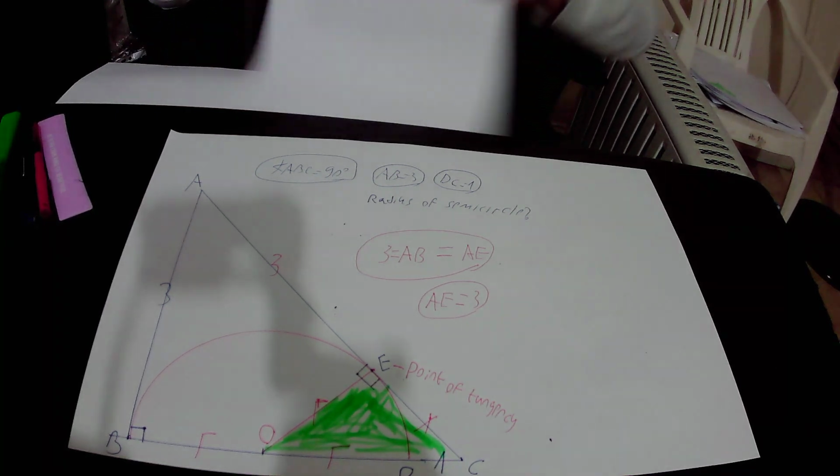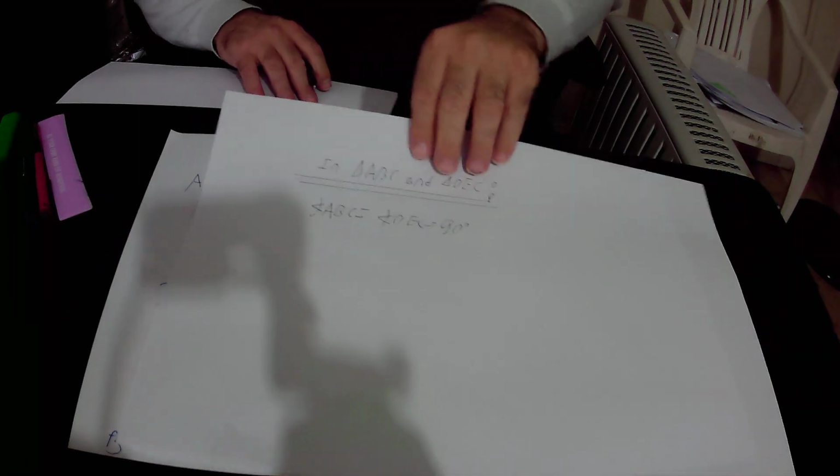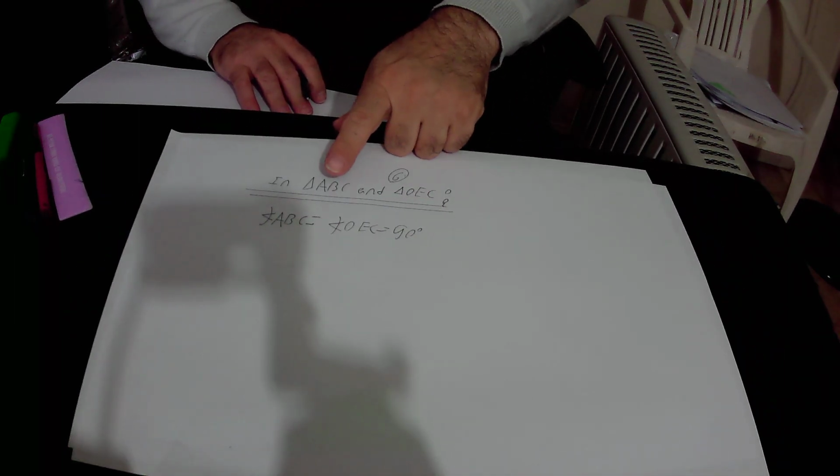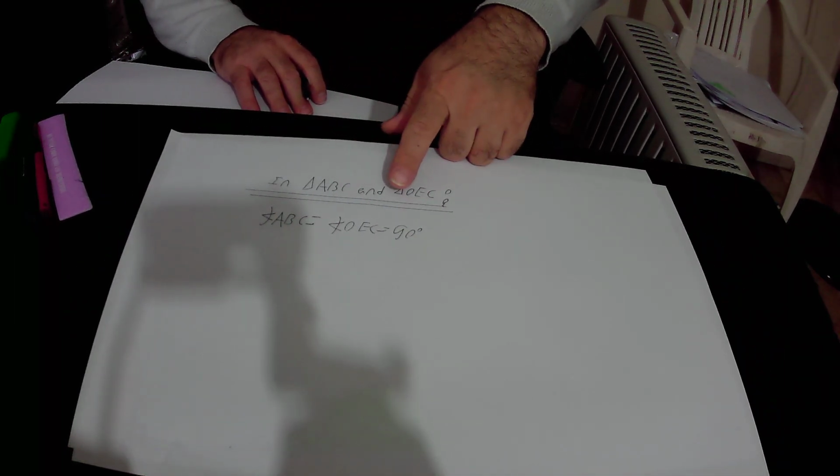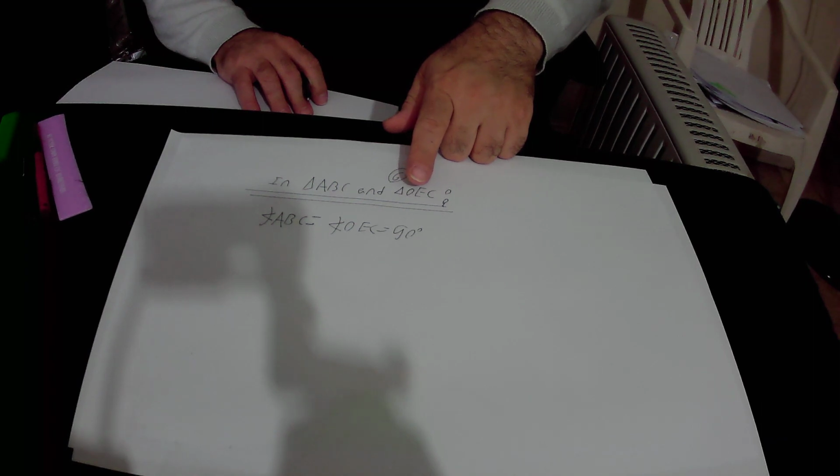Okay, I'll repeat again. Angle ABC of triangle ABC equals angle OEC of triangle OEC, and they are both equal to 90 degrees.